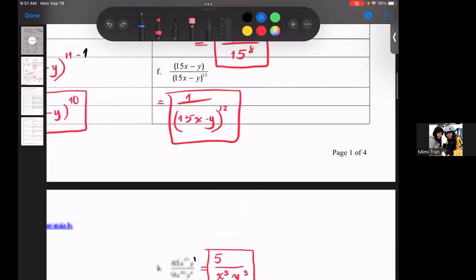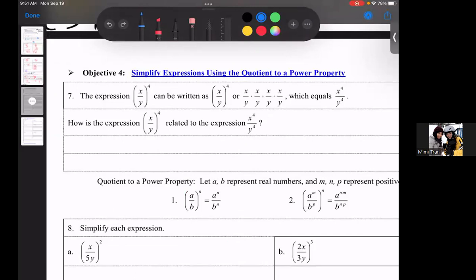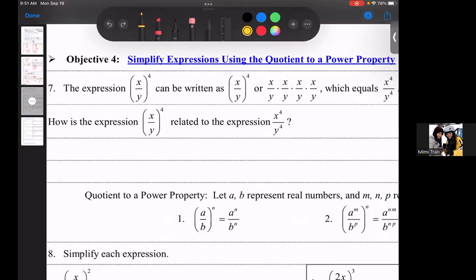Objective 4, if I have x divided by y to the 4 power, what I can do is distribute the 4 to x and then the 4 to y, basically to everybody. So I got x to the 4 divided by y to the 4.